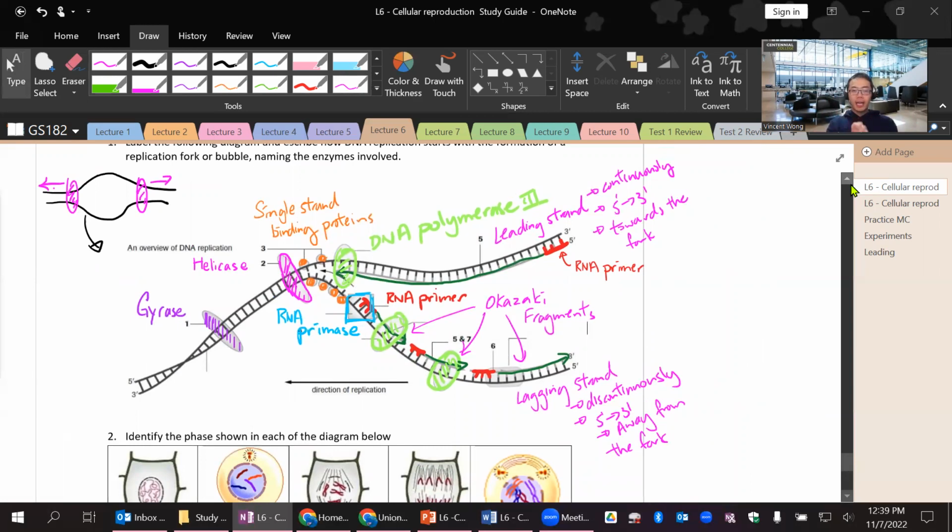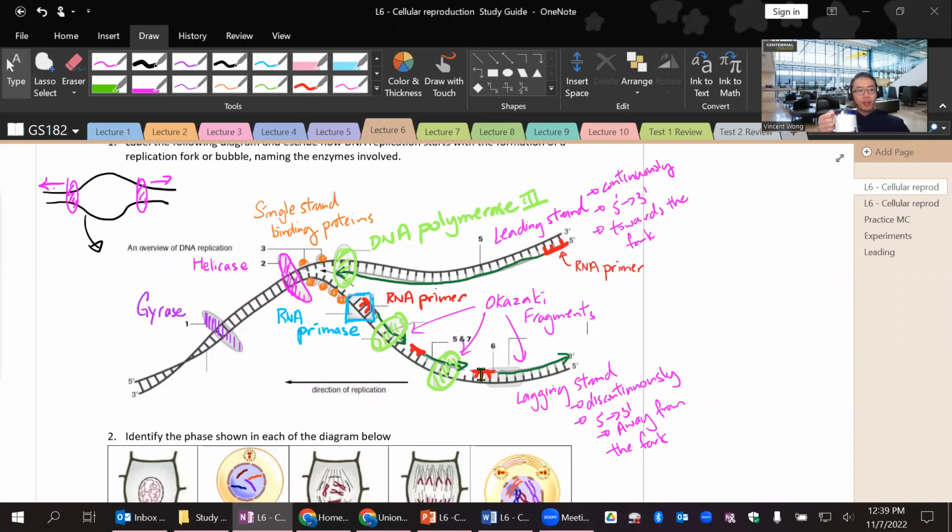Now, very quickly, the next part is hard to show on the diagram, but in class I was saying, as the DNA polymerase 3, the green oval here, approaches the primer, then it's going to fall off, right? So after polymerase 3 falls off, which one comes on? Do you guys remember?